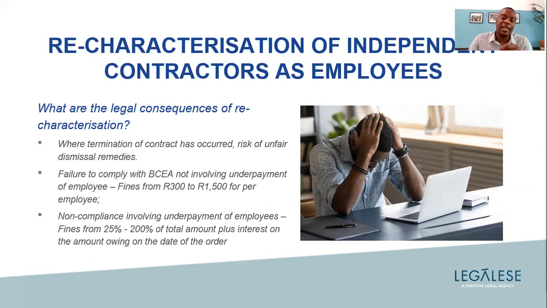It's a CCMA award or a labor court order that says, after we've listened to this person, whether they've been successful in using the presumption in section 200A, or by using the dominant impression test, and they are successful, the court says, yes, this person is an employee.